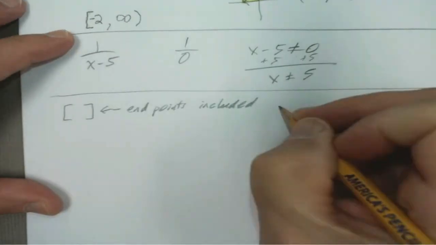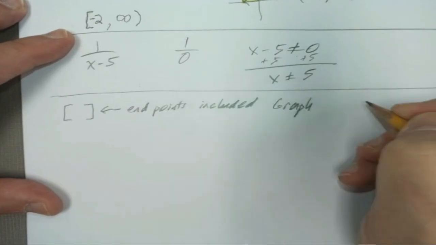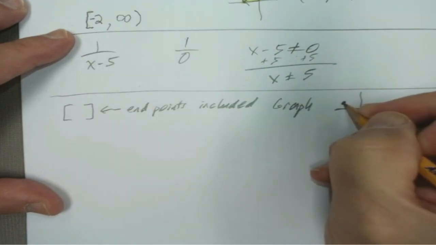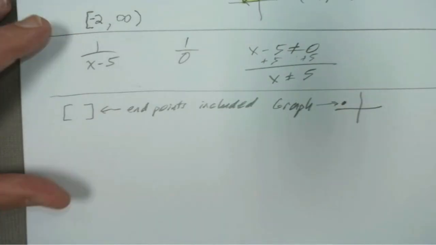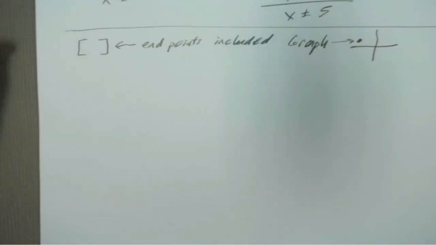So on a graph, we would use a solid circle on that end point, right? That's what we do on a graph. We use a closed dot.